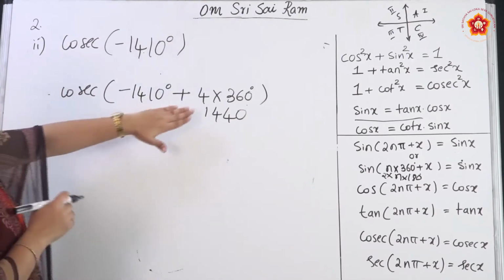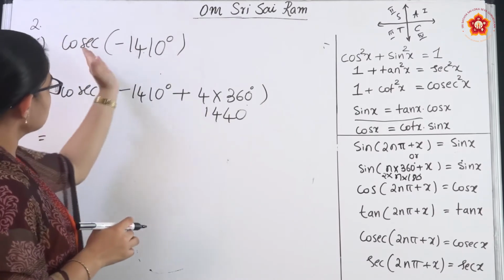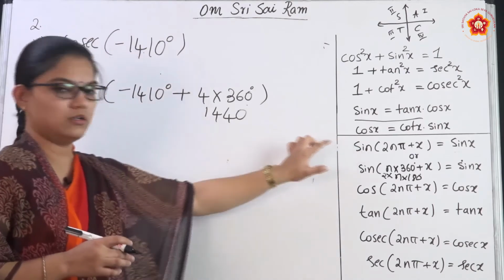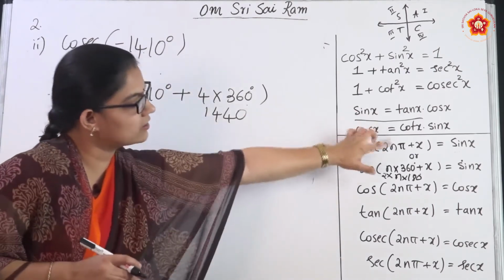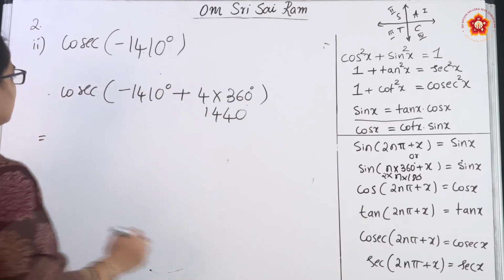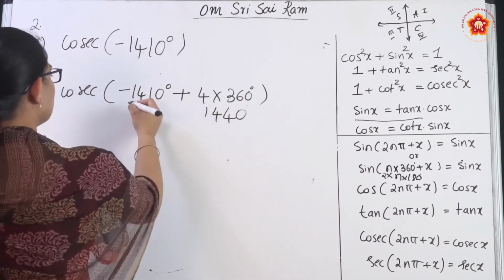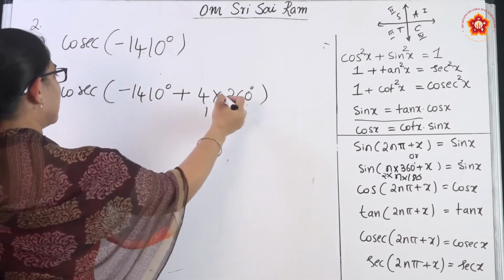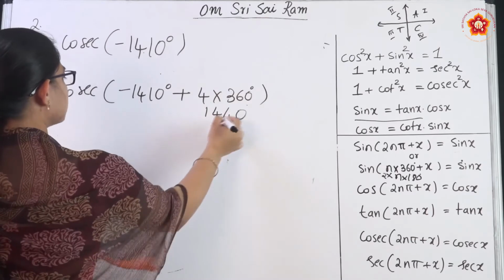So what is this angle? That is, we are considering the reverse process, that is, any angle, if you are writing in terms of 2n pi, right, 2n pi plus that angle, you will get the same angle. So we are using that same concept. So we can write this as minus 1410 plus 4 into 360 degree, that is 1440.